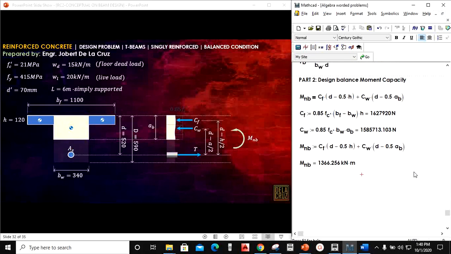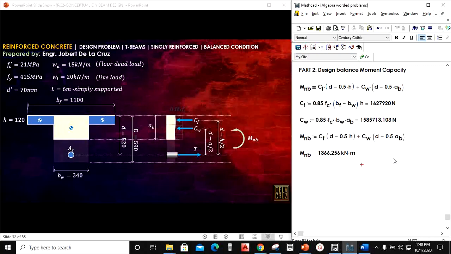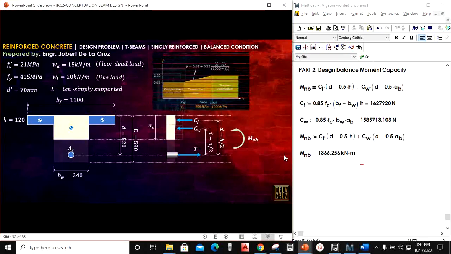Now, ano yung design moment? Design balance moment. Take note, we should account the reduction factor. Ano yung magiging reduction factor natin? Okay, so we are using NSCP 2015, so we should use this one, or yung table. Pinakita ko yun on our first lecture. Okay, so here, since we are considering balance condition, Fs, or the actual stress, is equals to Fy.